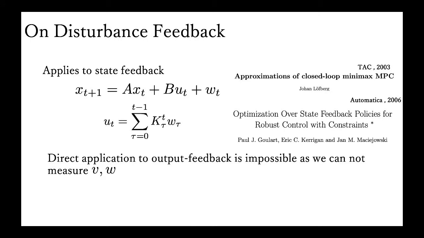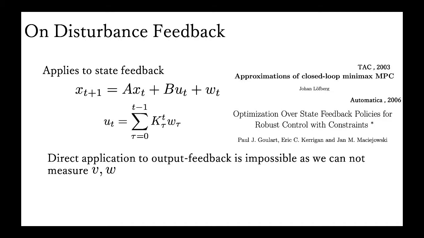The control parameterization in the last slide is very similar to the disturbance feedback idea that is used in state feedback schemes, where the idea is to use linear or affine maps of the history of disturbances acting on the system as the controller. However, extending this idea to output feedback, which is one of the main contributions of our paper, is not immediately possible because we cannot measure measurement noise and process disturbance in a partially observed environment.